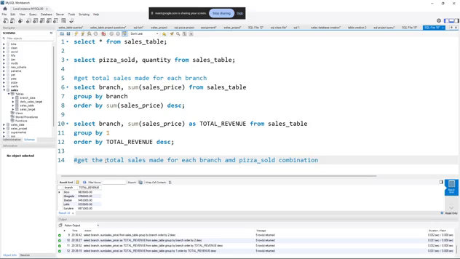I know we have something like this in our assignment. But before I even do this, let me get something else again. Hold on.